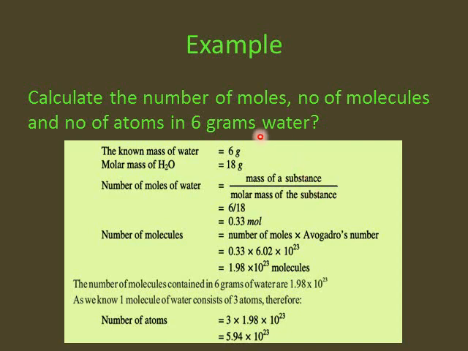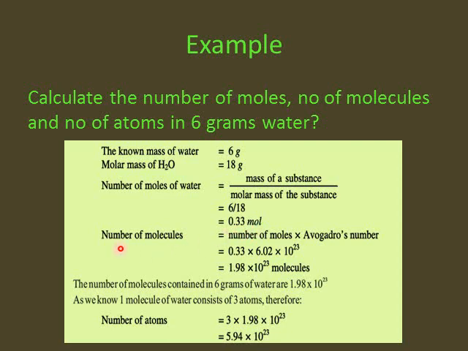Here the substance is a molecule of water. If I put these values, 6 grams in place of mass of the substance and 18 grams in place of the molar mass, I will get the number of moles, and that is 0.33 mole.